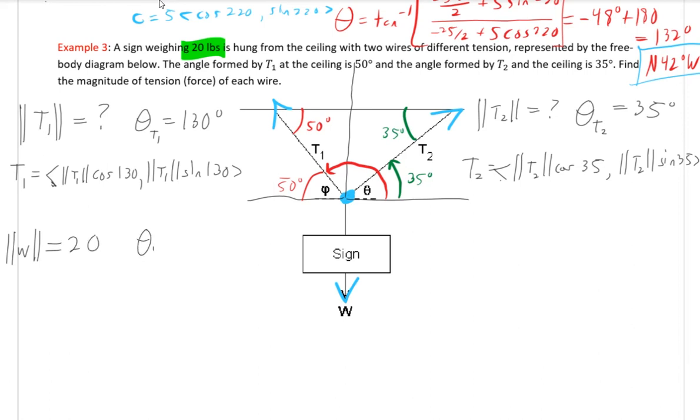And the angle measure for W, in this case, if you swing that all the way around, that is 270 degrees, or 3 pi over 2. So then W we can define as 20 times cosine of 270 and 20 times sine of 270. And cosine of 270 is 0. So that'll give you 0. And 20 times sine of 270, sine of 270 is negative 1, so you get negative 20.